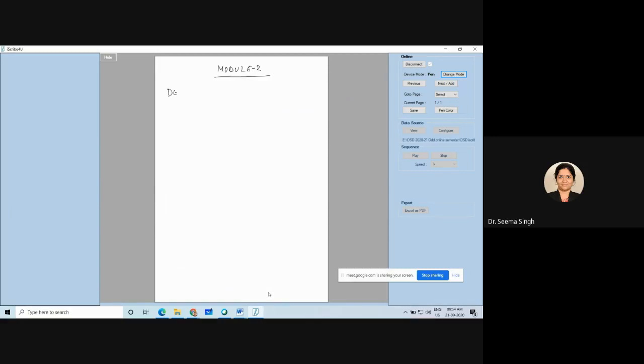We will start with the decoder today. I have already given you the general block diagram of a decoder. Now we will take one decoder which has 2 inputs, so it should have 4 outputs. You are supposed to give names to the inputs, so I am naming them A0, A1.